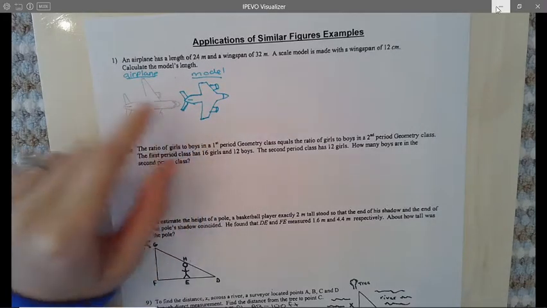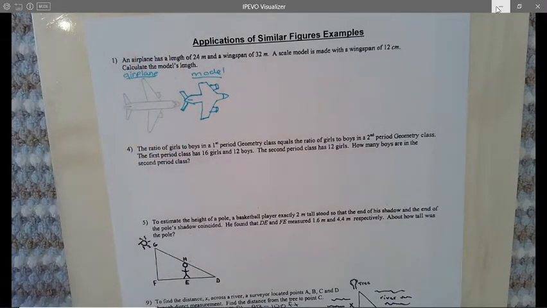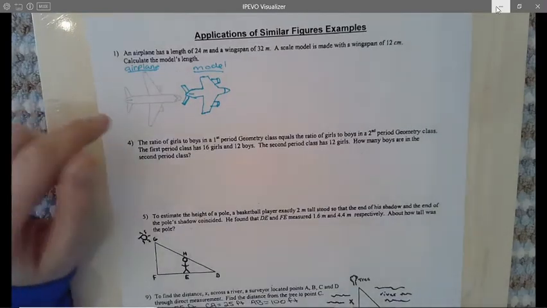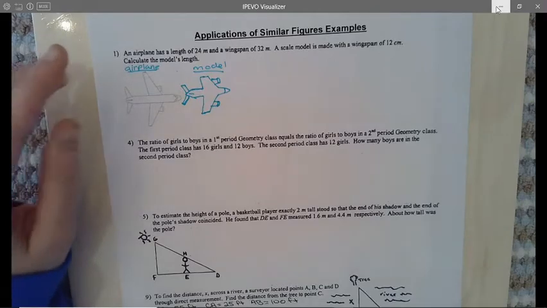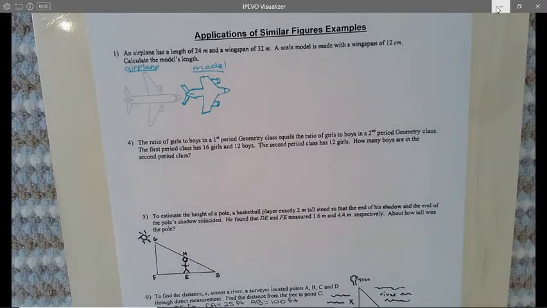Anyway, whenever you're solving these problems, if you can provide a picture, it's really helpful so you can visualize what's going on in the problem. All right, so our first problem, let's go.